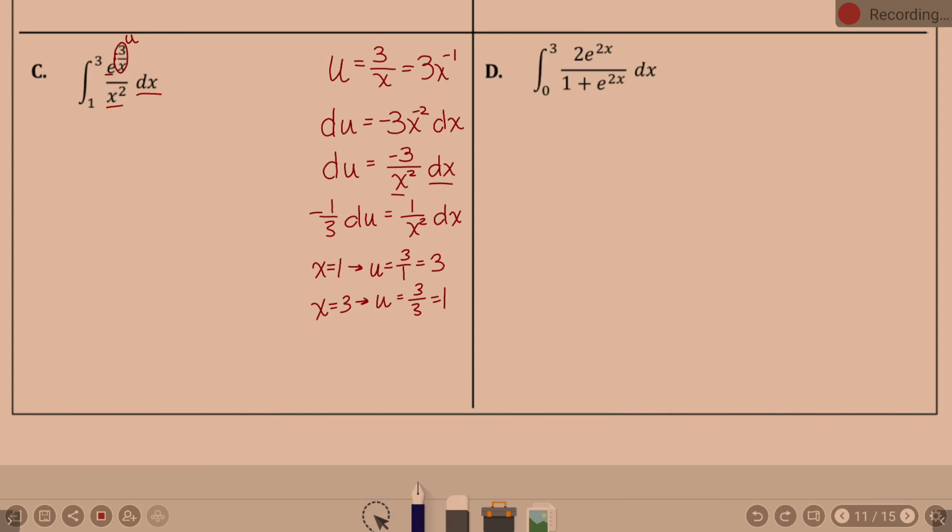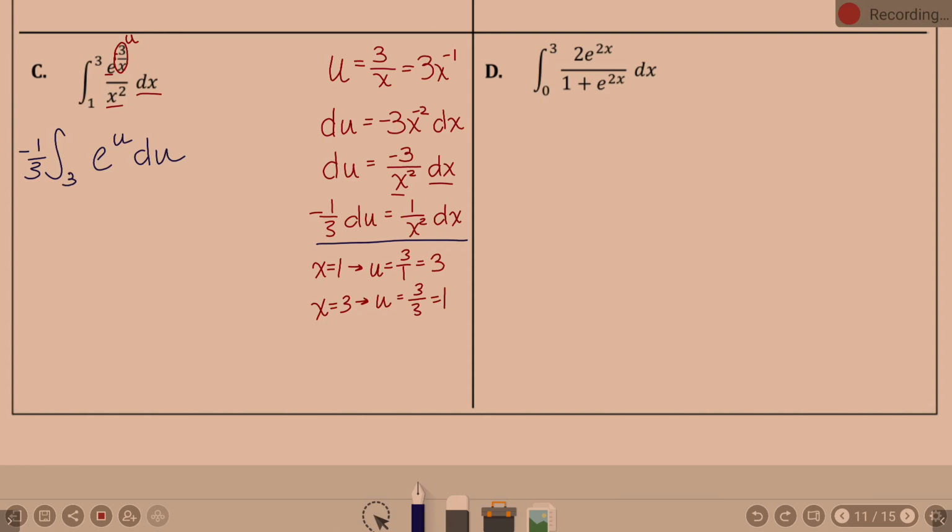Okay, so the integral. e to the 3 over x becomes e to the u. x squared in the denominator times dx is negative 1/3 du. My boundary that was 1 is now 3.